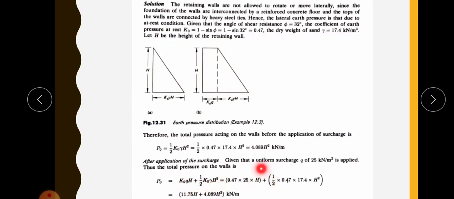Since H is not given, you put it as H only, and this will be the answer, that is 11.75 H plus 4.089 H square in kilonewton per meter. Okay, so this is about earth pressure for the at rest condition. Next class we can discuss Rankine's earth pressure theory for active and passive earth pressure. Thank you.